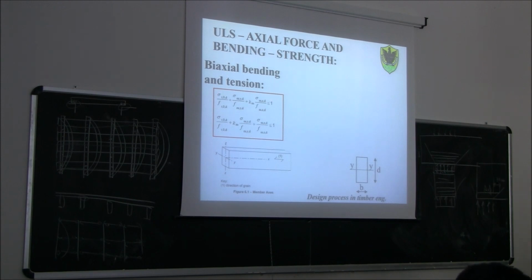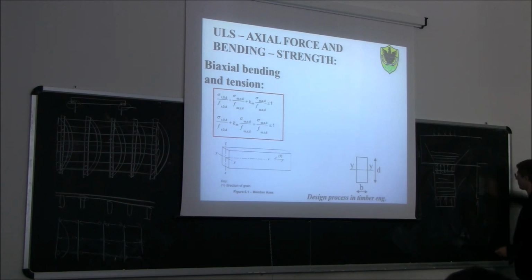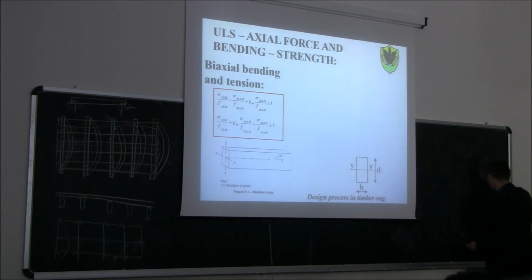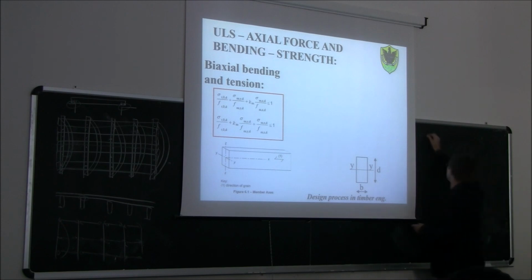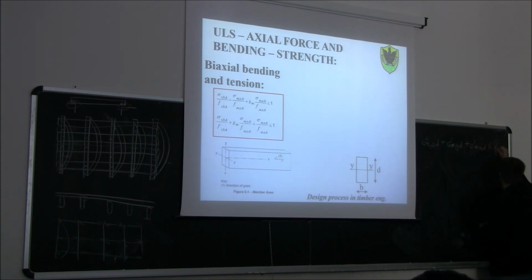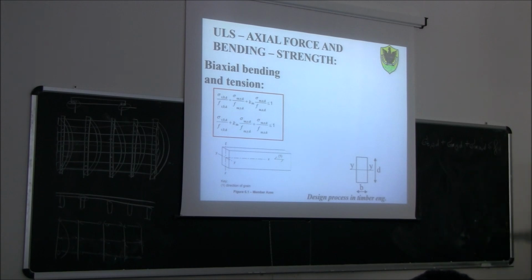So as we said before, in this case we would have a situation like this: sigma t,0,d plus sigma m,y,d plus sigma m,z,d less than, let's say, the design strength.